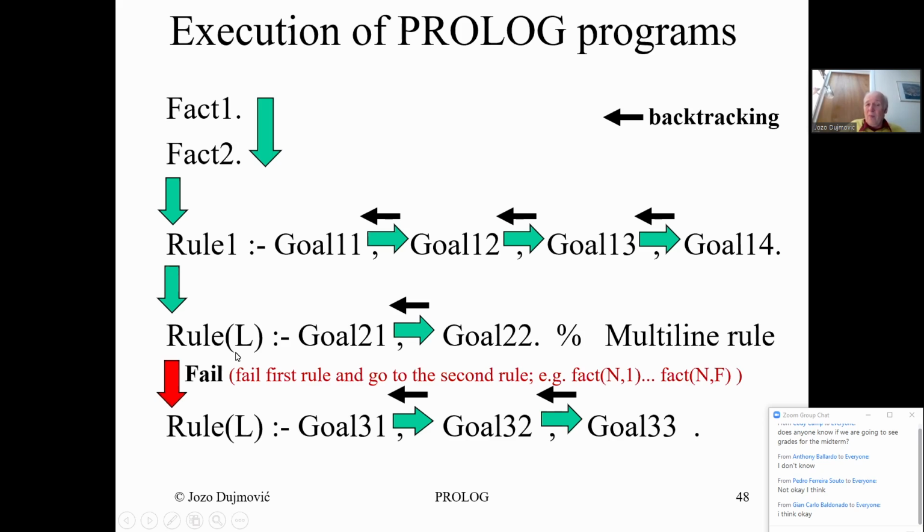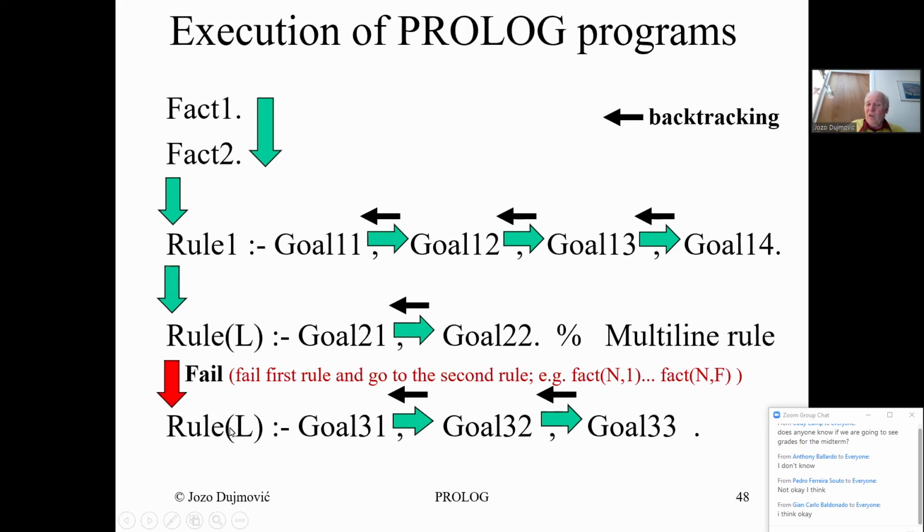For example, this rule can have goal 2,1, 2,2, but the same rule can be satisfied with goal 3,1, 3,2, 3,3. So again, you drop down, you try to satisfy this, you backtrack if you cannot satisfy. If backtracking doesn't help, you fail and go to try to satisfy the rule with other values.